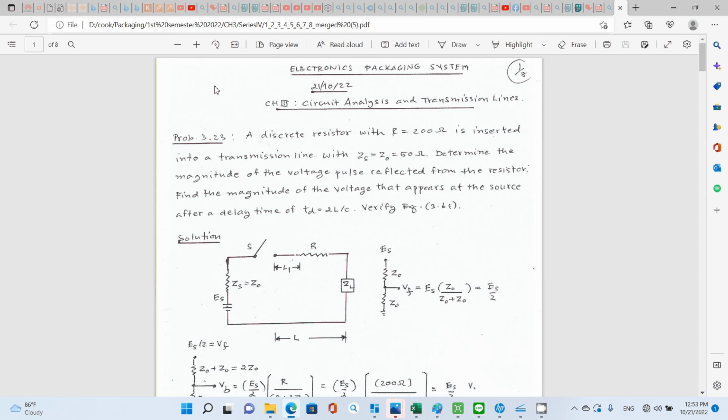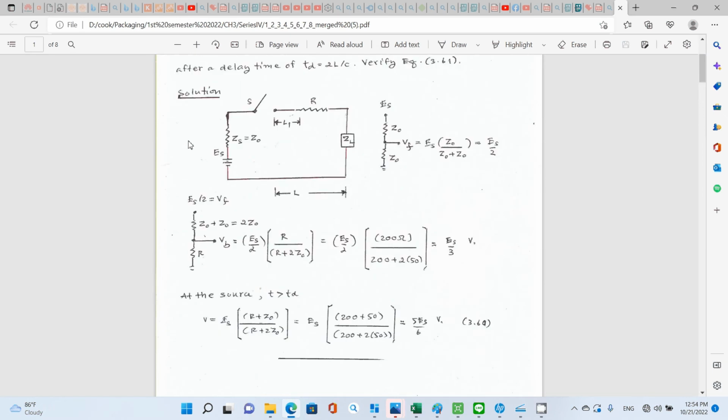Find the magnitude of the voltage that appears at the source after a delay time of Td equal to L over C, where C is the velocity of the pulse in the transmission line, and L is the length of the transmission line.